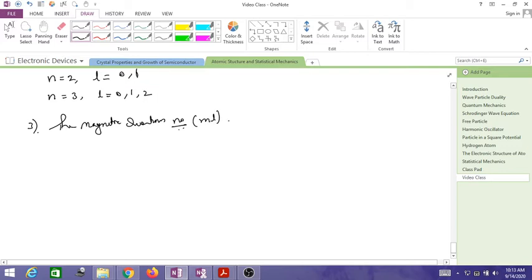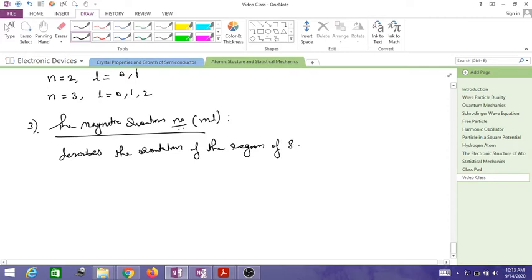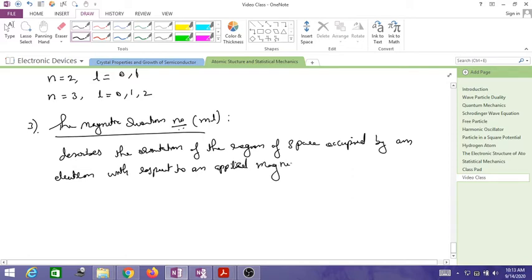That is represented as ml. So here, this third quantum number describes the orientation of the region of space occupied by an electron with respect to an applied magnetic field.